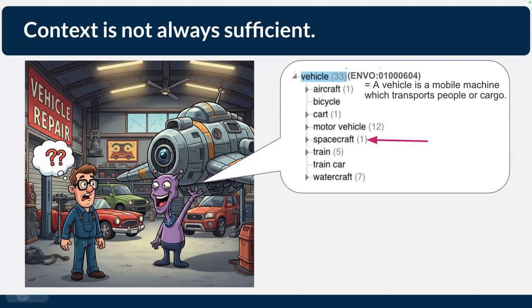In the context of this human being, it's very clear that a vehicle means a car. Well, for this alien, his spacecraft actually fits the definition of vehicle. So context is just not sufficient, even when we think it is.